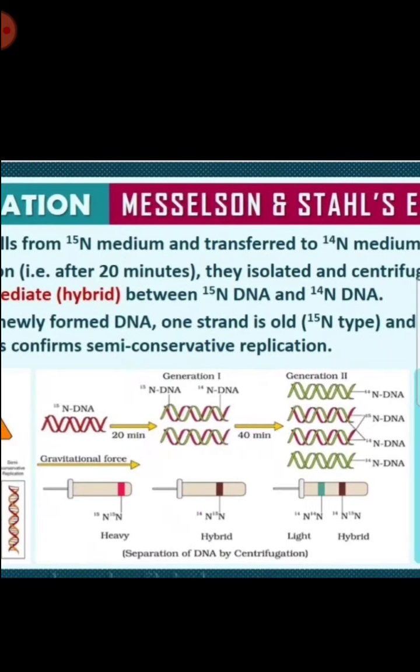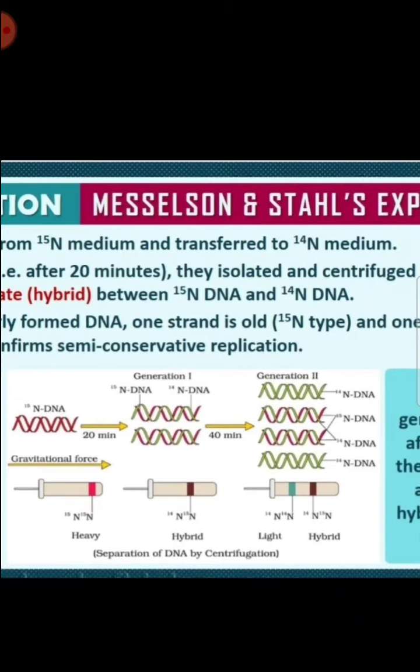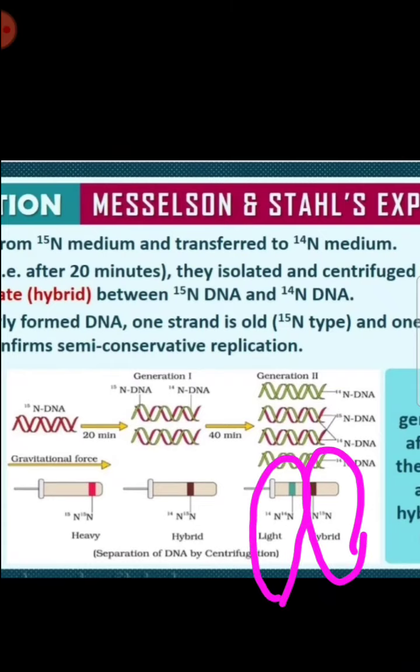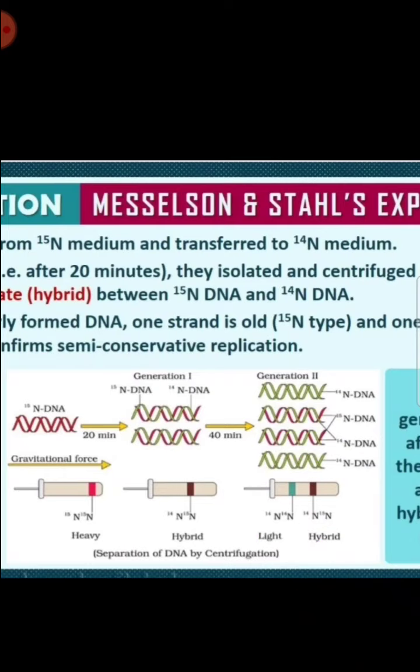And again by 40 minutes, they wanted to observe the second generation. In the second generation they got hybrid and also lighter. Hybrid is nothing but N14 and N15 both together.